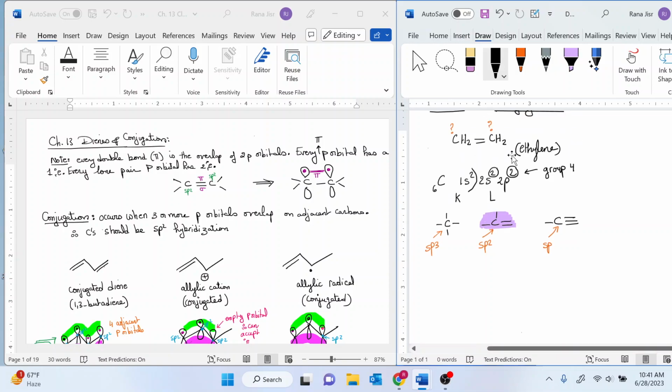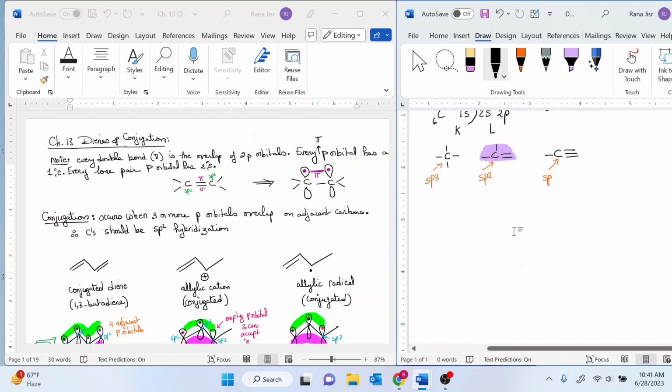So let's draw the Lewis structure for ethylene to see exactly how many groups are around each one of these carbons, and to determine how many p orbitals we have for each carbon.